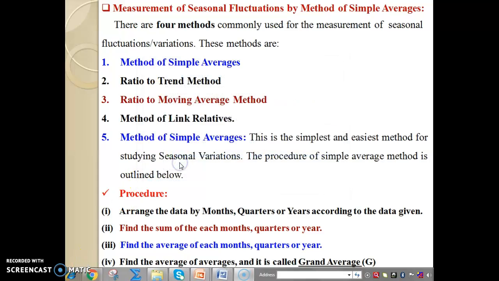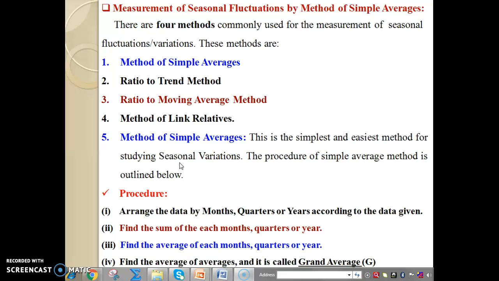The main objectives of measuring seasonal variations are to understand their patterns, to use them for short-term forecasting or planning, to compare the patterns of seasonal variations of two or more time series in a given period or of the same series in different periods, and to eliminate the seasonal variations from the data.